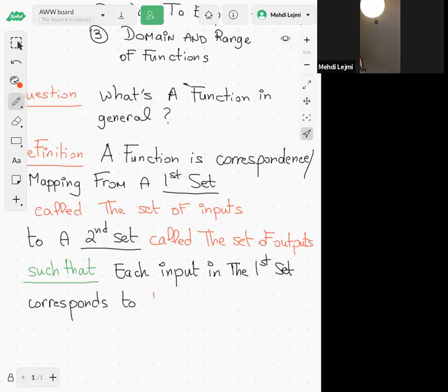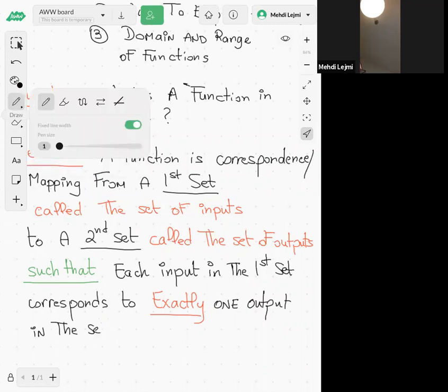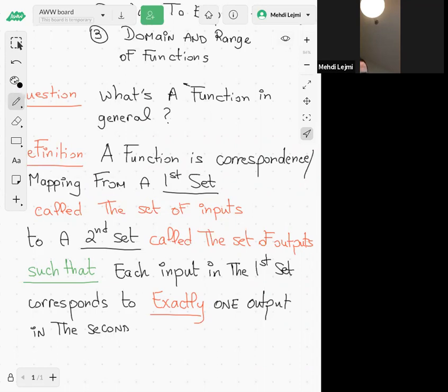So the key word here is exactly one. All right, so here are some examples.